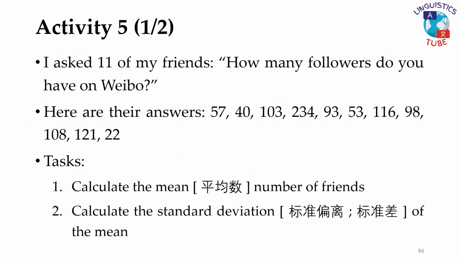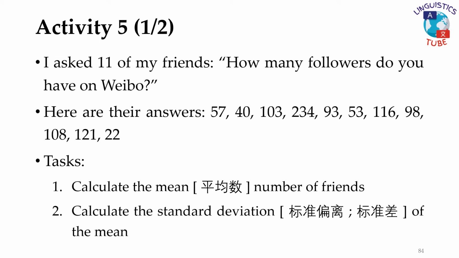Here is your second task. Let's say that I asked 11 of my friends, how many followers do you have on Twitter? Here are their answers: 57, 40, 103, 234, 93, 53, 116, 98, 108, 121, and 22. Please pause the video and do 2 things.